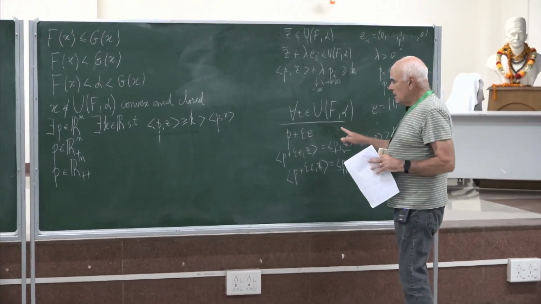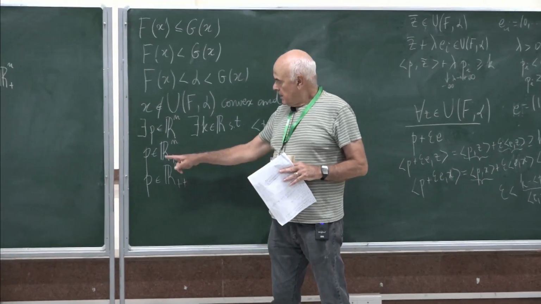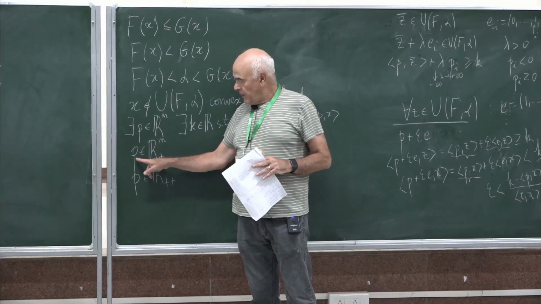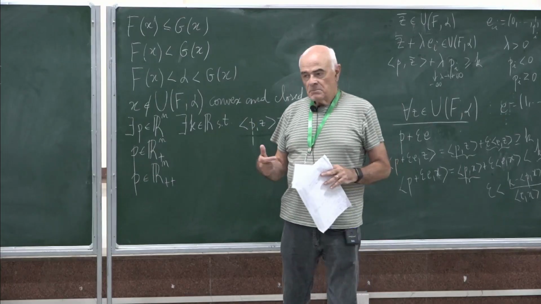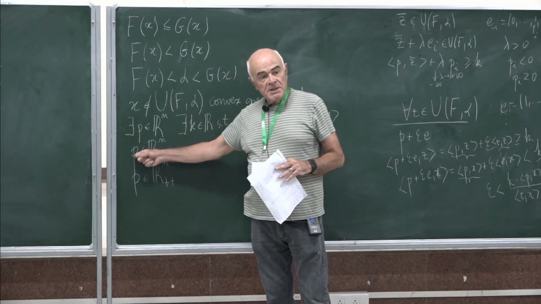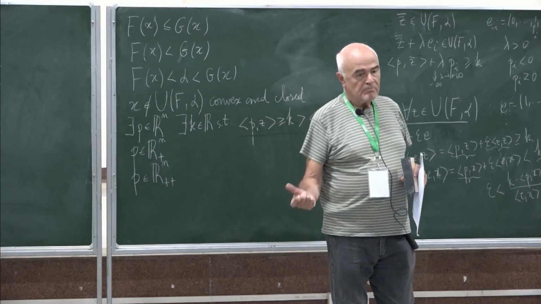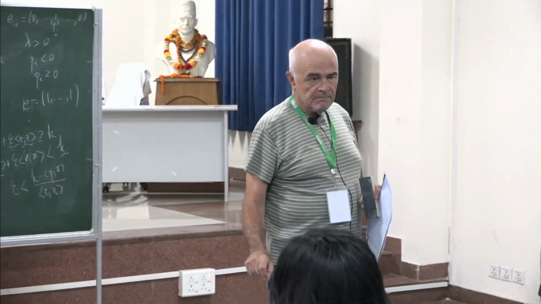This argument is to show that if my separating hyperplane is defined by some P which is not strictly positive, I replace it with another one which also separates but is strictly positive. So without loss of generality, I can take P strictly positive.